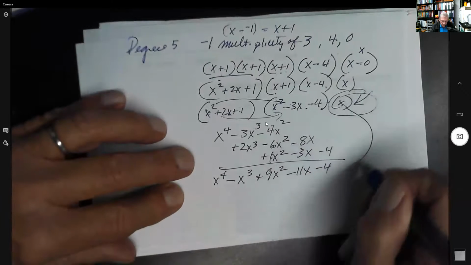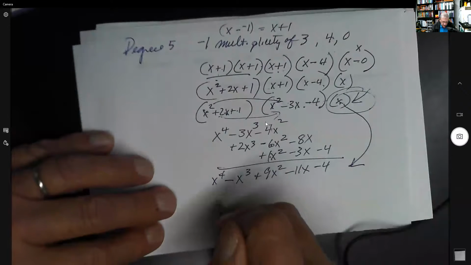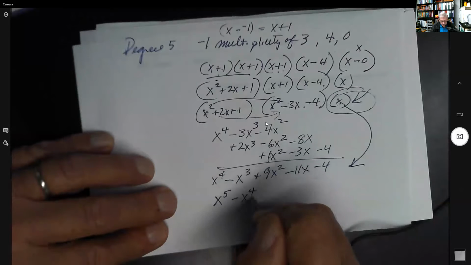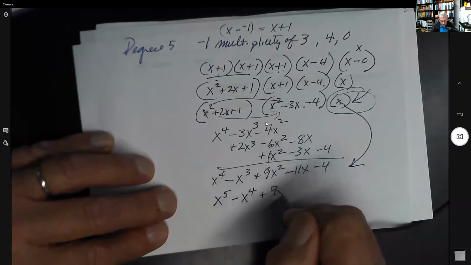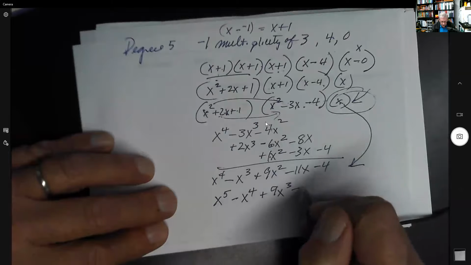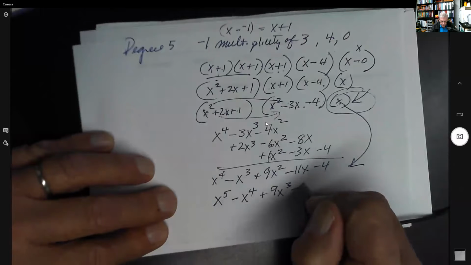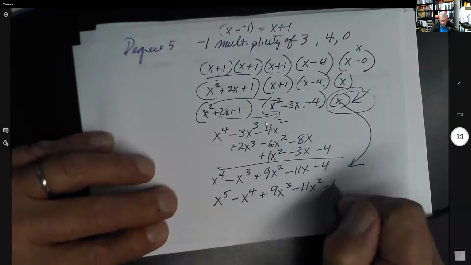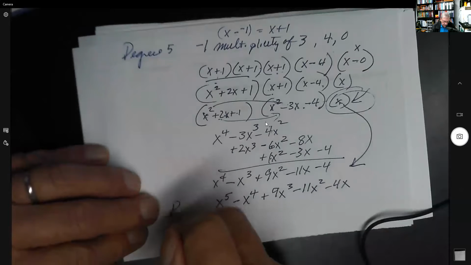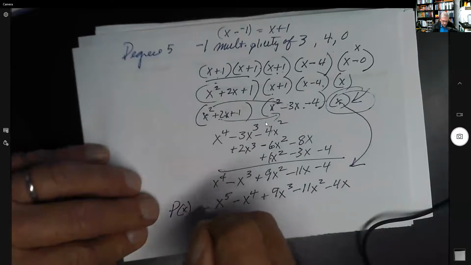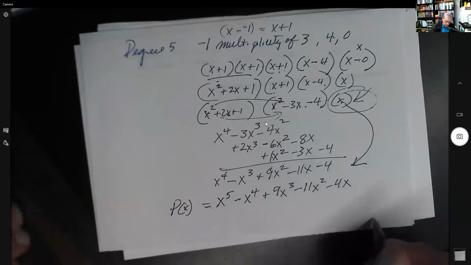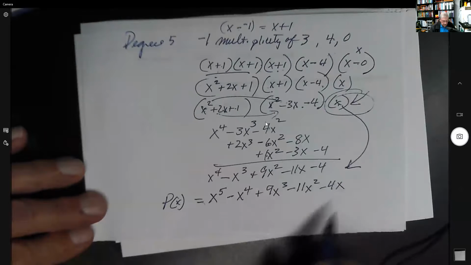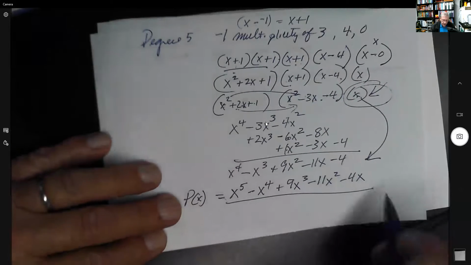Then I'm going to multiply everything by x to get the final answer. That just increases the power. And that should be my polynomial. And hopefully I got it right. 5, 4, 3, 2. Actually, I did. A shock.